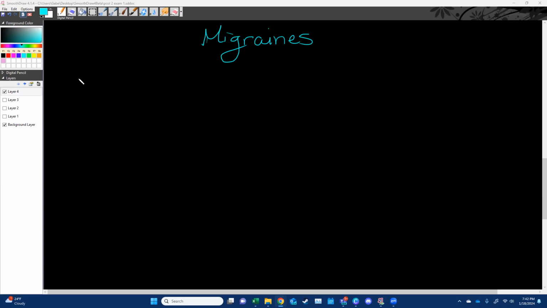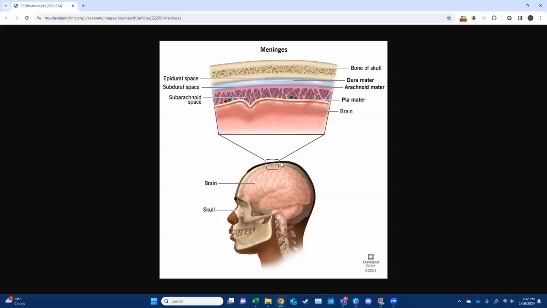In the brain, I'm going to bring up a diagram. In the brain, towards the skull, you have certain layers.